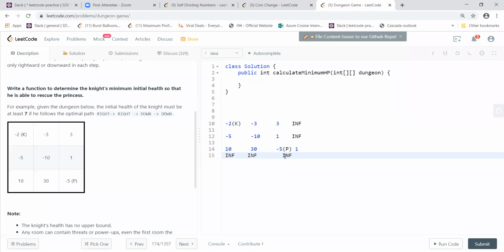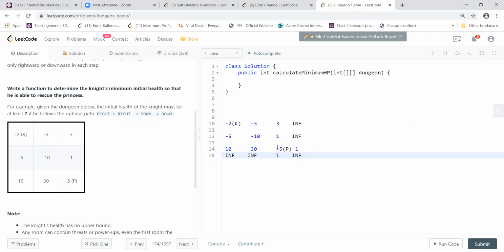Even if I go here or here, I need to set either of them as 1. So I just take the minimum of both of them, which is 1. And so 1 minus of minus 5 will be 6.